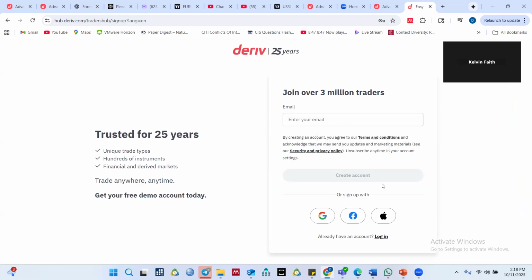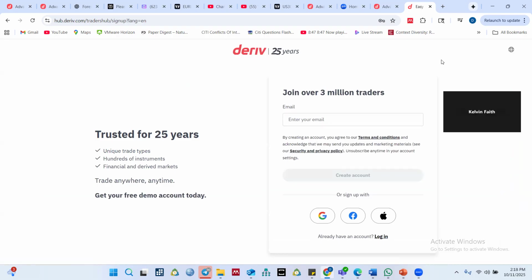You put the email and then go to next. That's why I want someone to do it and share it with you in the group. When you follow it, you'll be able to create a demo account and start with it. You can also do the same thing with XM.